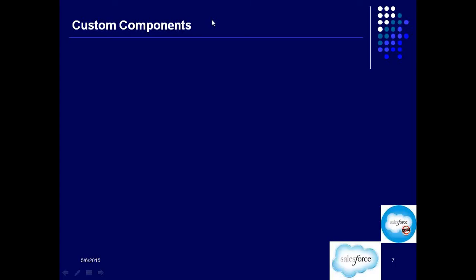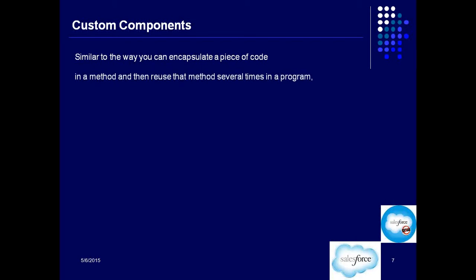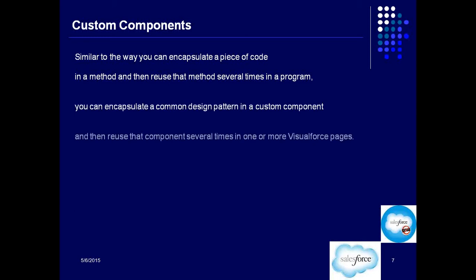There's a very simple logic for a custom component. Similar to the way you can encapsulate a piece of code in a method and then reuse that method several times in a program, the way we create a method and then reuse it in different places, in the same way you can encapsulate a common design pattern in a custom component, and then reuse that component several times in one or more Visualforce pages.